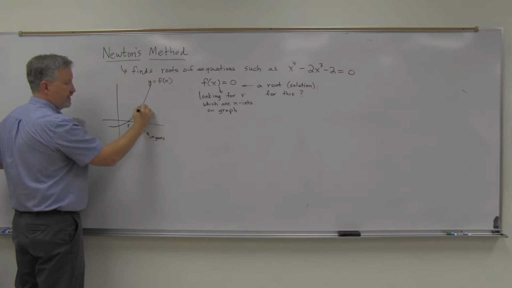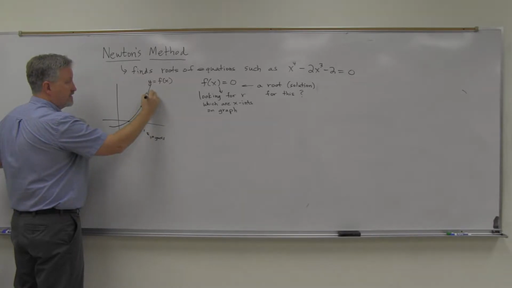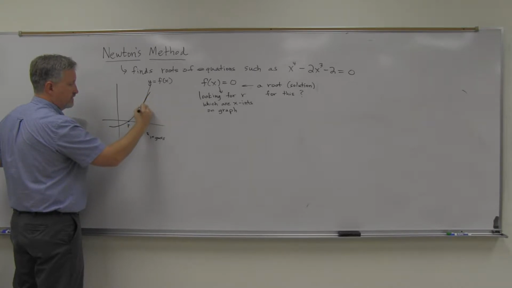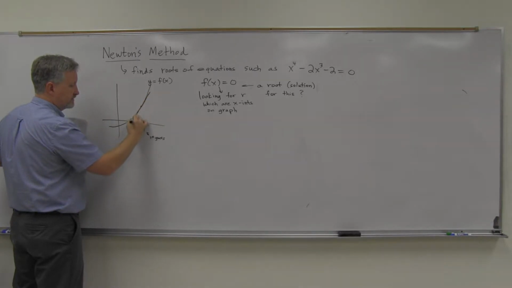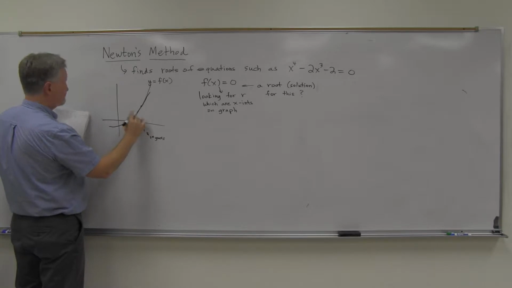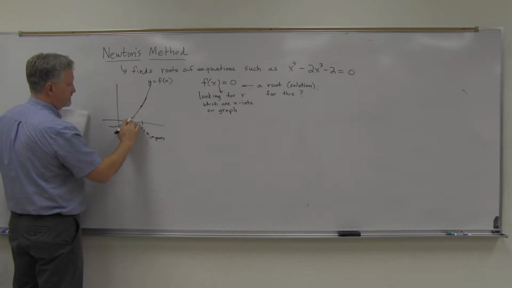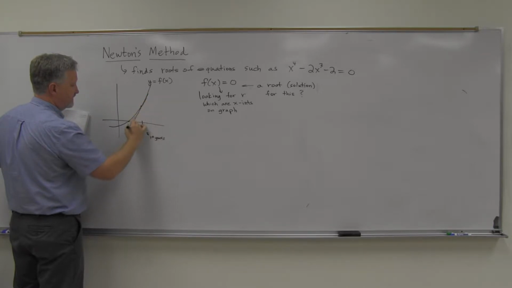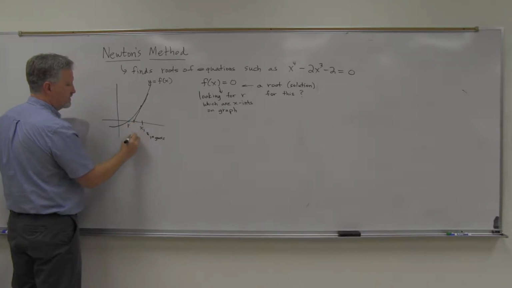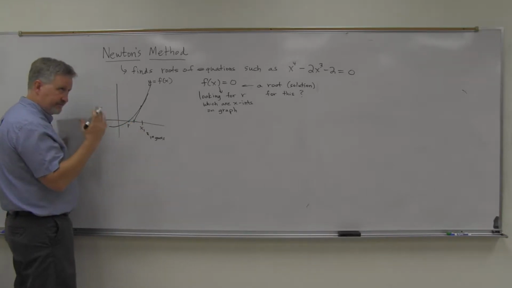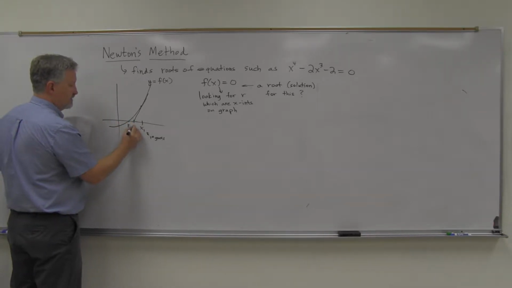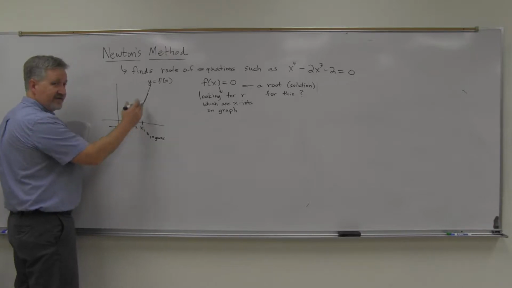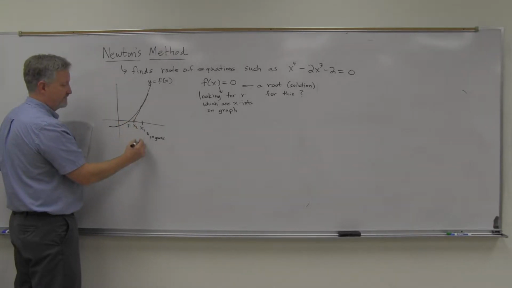So I take that point up to the curve, and then Newton's method says, let's take this tangent line here, and let me make it a little steeper so I can maybe get an x3 in. And so x2 is going to be the second value that comes out of Newton's method, and it's the x-intercept of the tangent line.